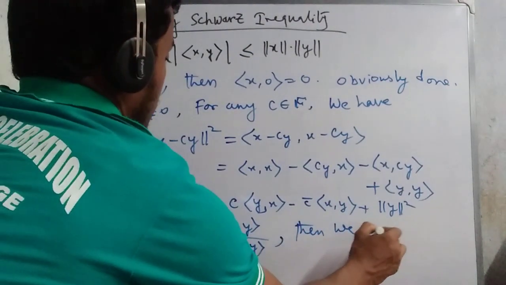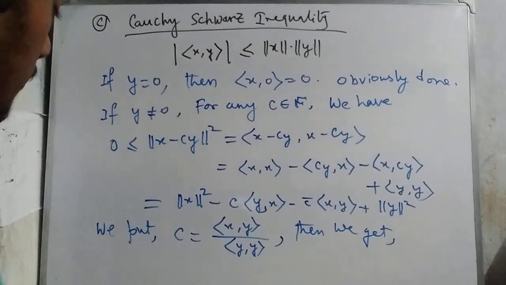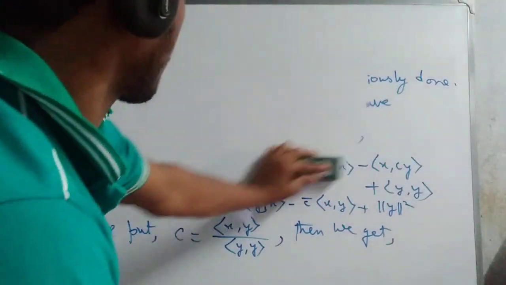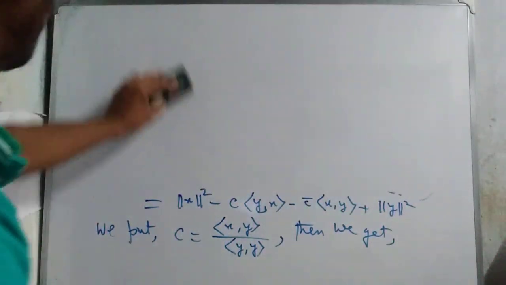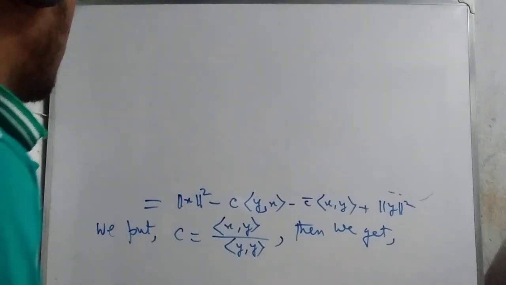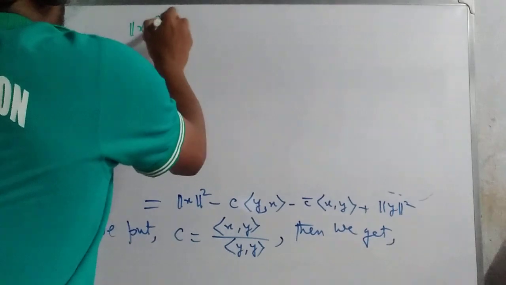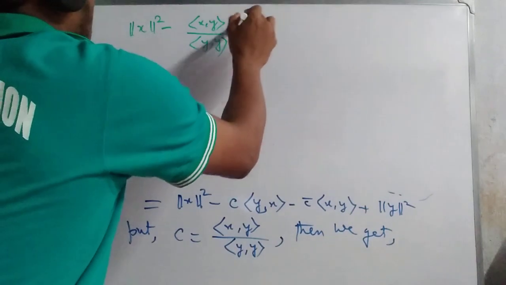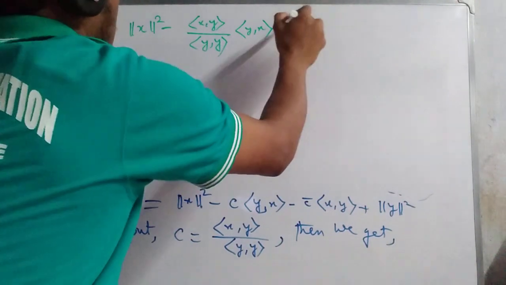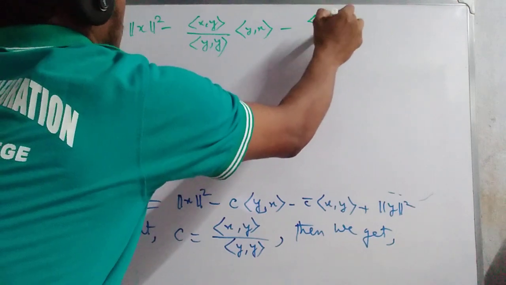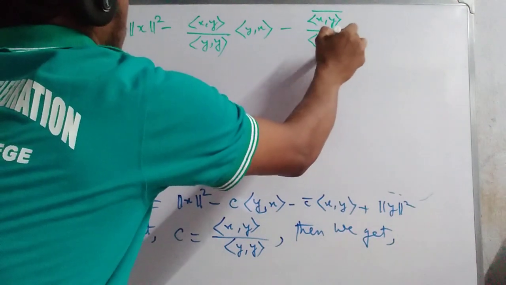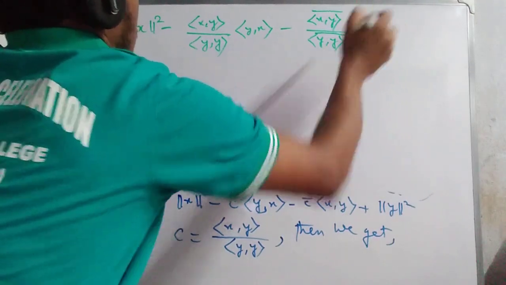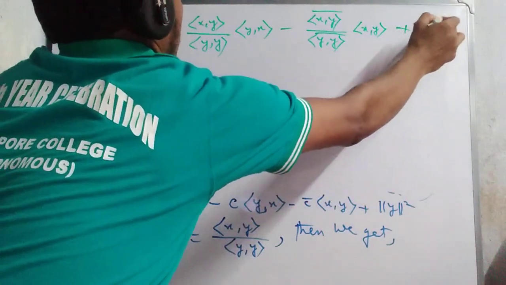Now we erase our portion and go on to further discussion. Then what do we get? Norm of x squared minus c times (y, x), and c conjugate times (x, y), and plus norm of y squared.